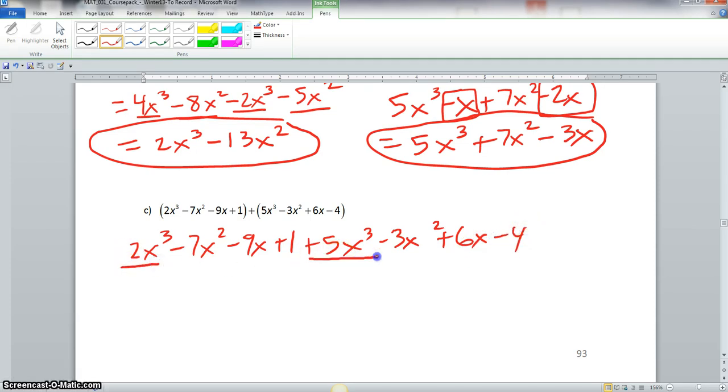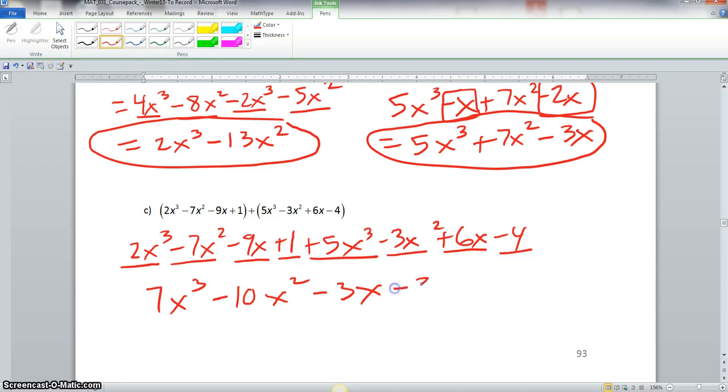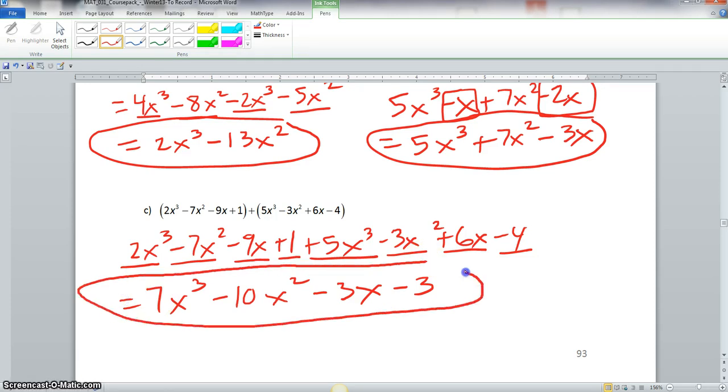We add 2x cubed plus 5x cubed is 7x cubed. Negative 7x squared minus 3x squared is minus 10x squared. Negative 9x plus 6x is a minus 3x. And 1 minus 4 is a minus 3. And that is our final answer.